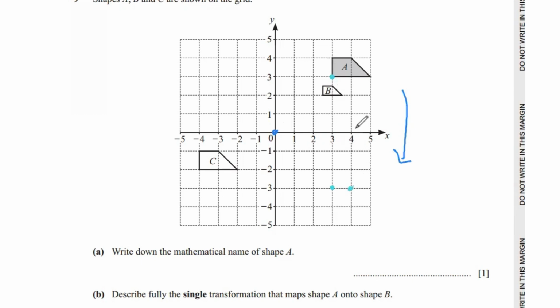The horizontal and vertical distances swap basically. Then this point is 4, 4, so that's 4, 4. This is 5, 3, so it becomes 3, 5. You swap the vertical and the horizontal distances to make the rotation. So this is your rotation 90 degrees in the clockwise direction about the center 0, 0.